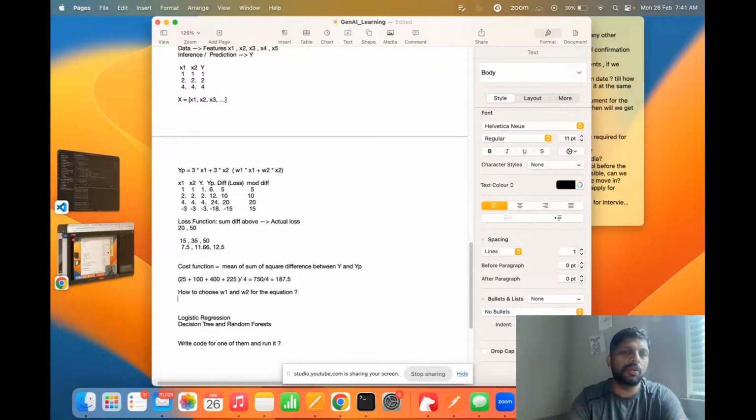So we thought we'll calculate the cost for all possible W1, W2.